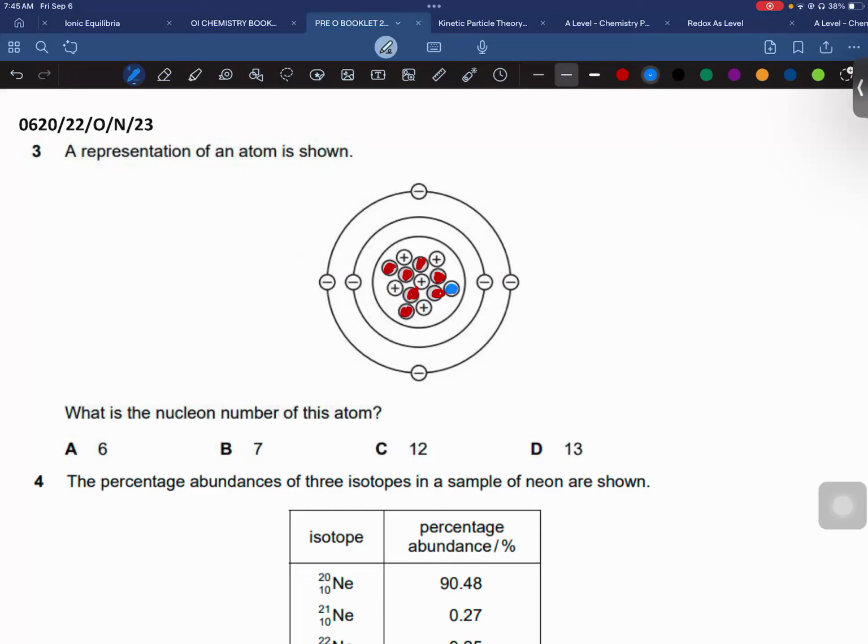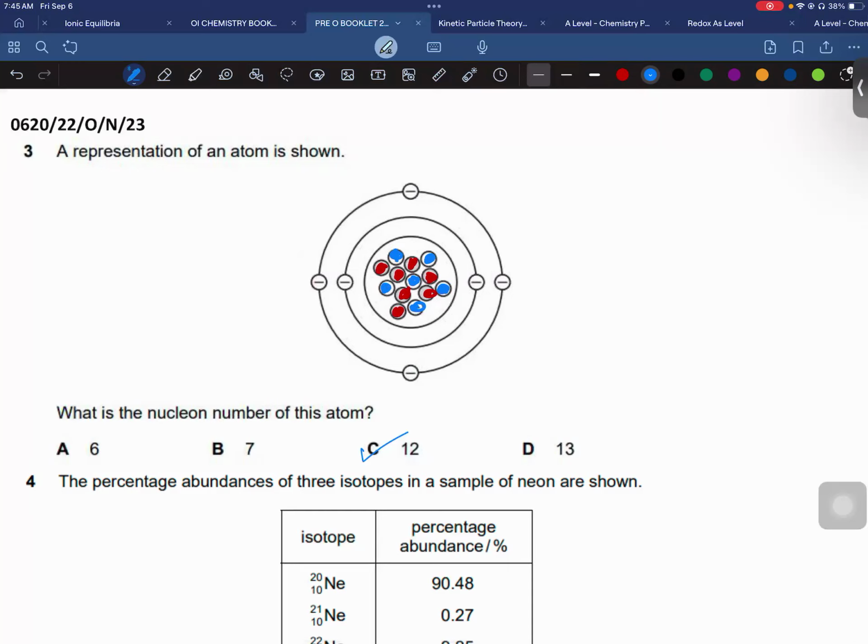Right? 5 plus 7, which is 12. So how many in total? 12, exactly. So the C answer is correct. Are you getting this? Yeah. Good.